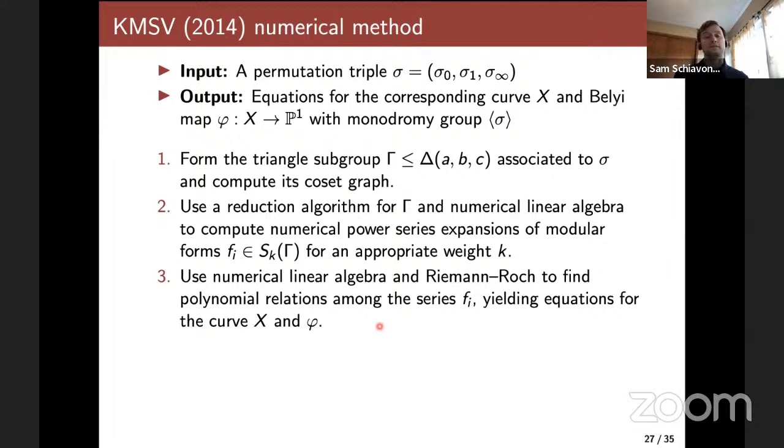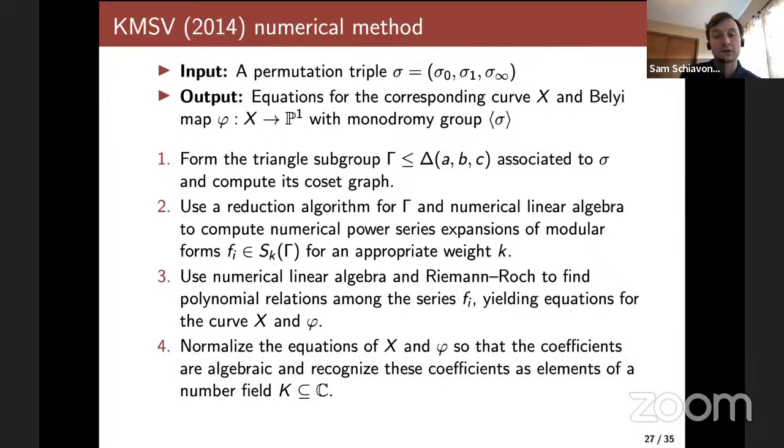It depends a little bit on the genus of the curve, but you form some set of monomials of these series for your modular forms Fi, because you're using these Fi to embed your curve. They're basically going to be the variables of your projective space Pn. Then you look for a linear relation among the monomials, which gives you a polynomial relation among the series, which gives you equations for the curve and for the map.